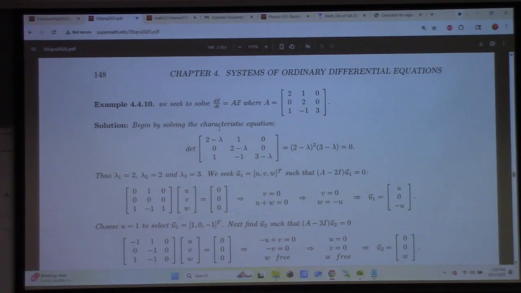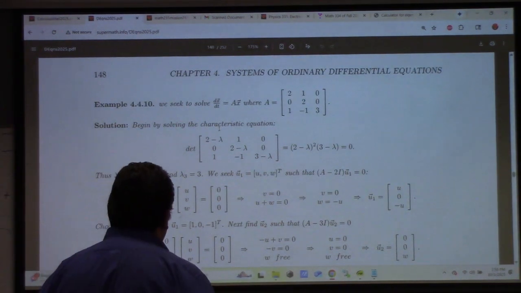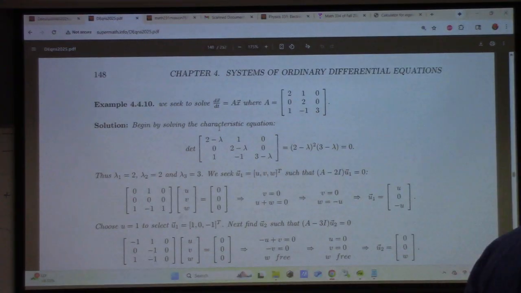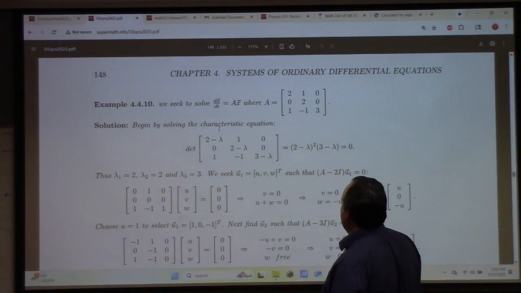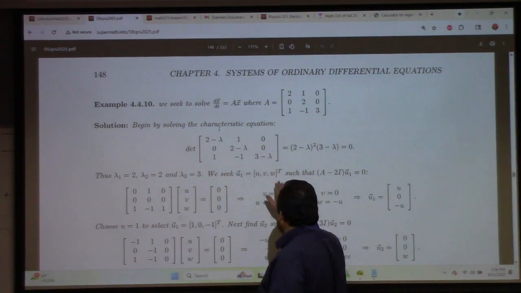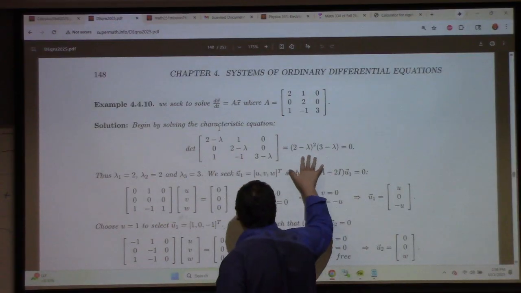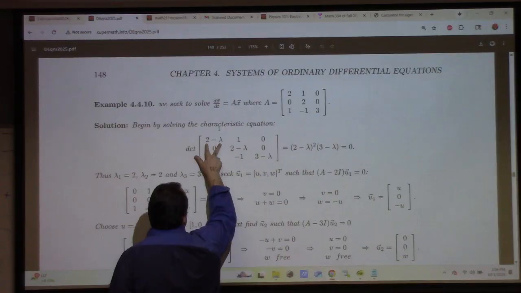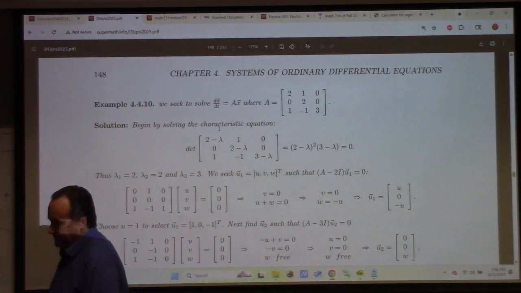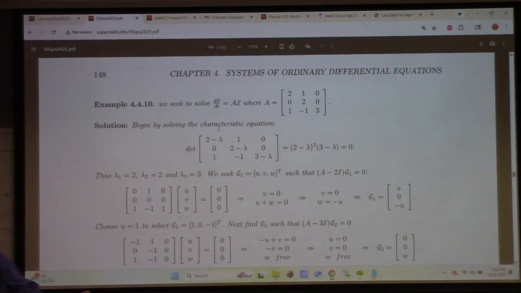I don't show the details here, I was hoping I'd show them, but I guess I haven't. To actually work this out, it's not immediately obvious. Well, we have a minute. Let me show you what's involved.